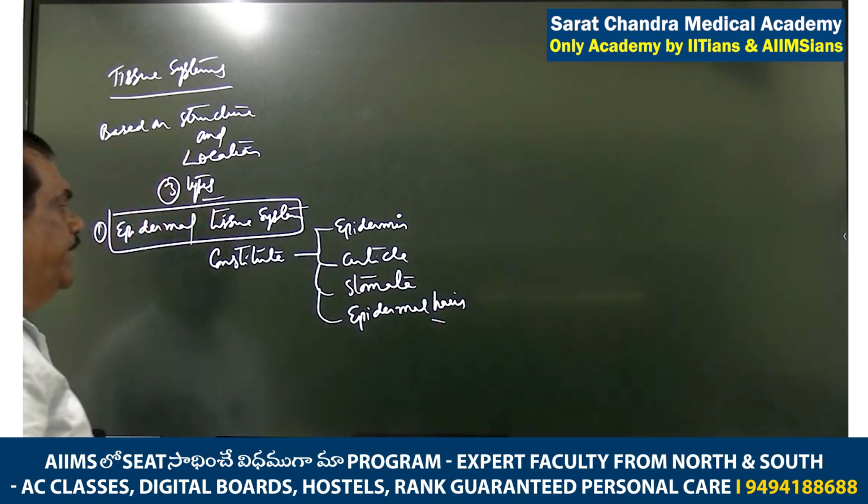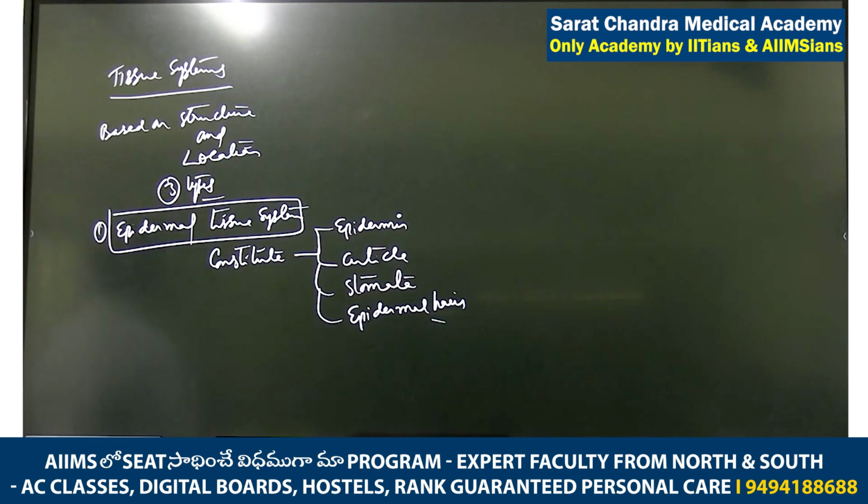So epidermis, cuticle, stomata, and epidermal hairs are included under the epidermal tissue system. It constitutes four kinds of structures.